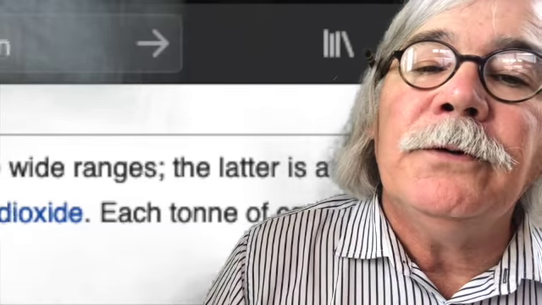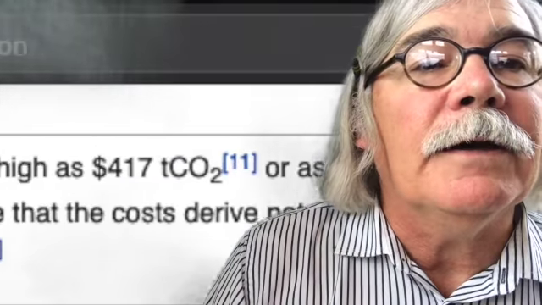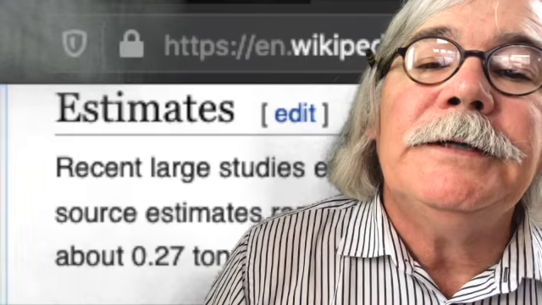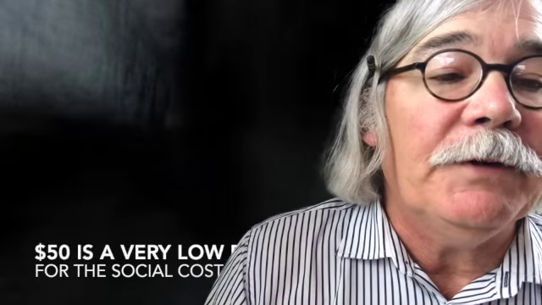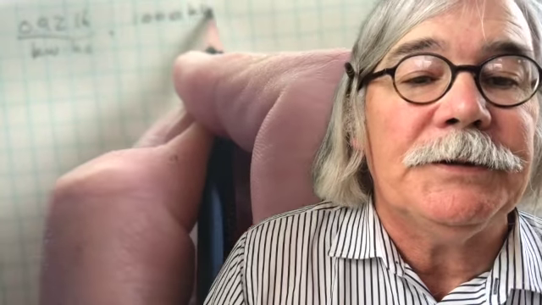Elsewhere in this platform, there's a call to use the social cost of carbon in calculating the cost of transportation and energy projects. The current estimate for the social cost of carbon is about $50 per ton. So here's the calculation. According to the Department of Energy, about 0.92 pounds of carbon dioxide is produced for each kilowatt hour of natural gas electricity.